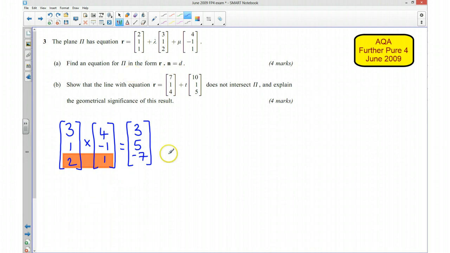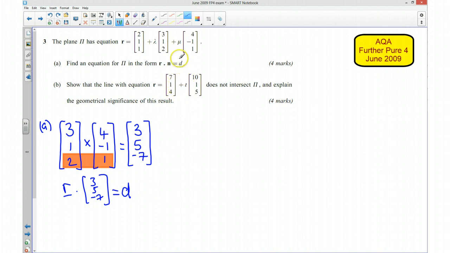So I can now write down my equation. This is part A over here. And so far we've got r dot (3, 5, negative 7) equals d. Okay, so we're almost there.